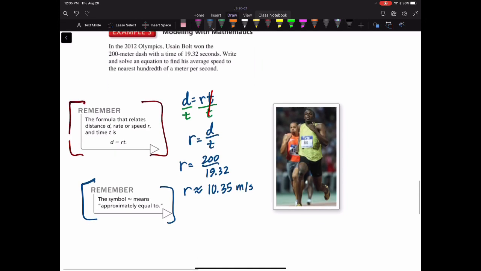And we can verify that by taking 10.35 meters per second times our amount of time, 19.32. And in doing so, when we multiply those, we get 199.96, which is approximately 200.